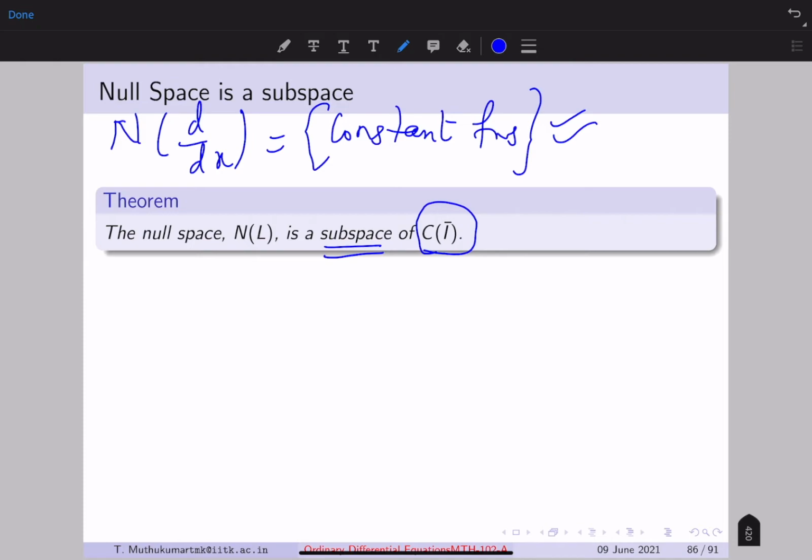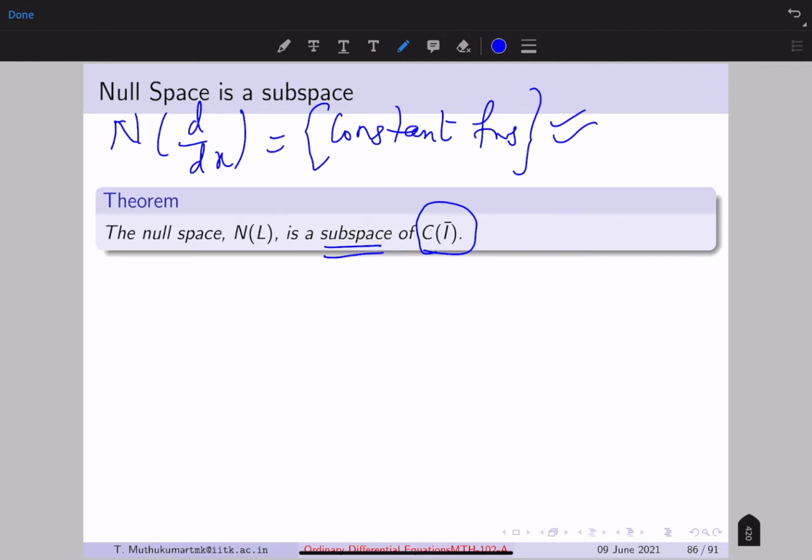It's a big set, but that doesn't matter. For instance, the set of all real numbers is an uncountable set, but it's a vector space of dimension 1. So as a set it's uncountable, as a vector space it's of dimension 1. R is of dimension 1.